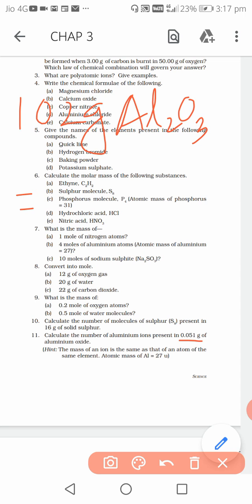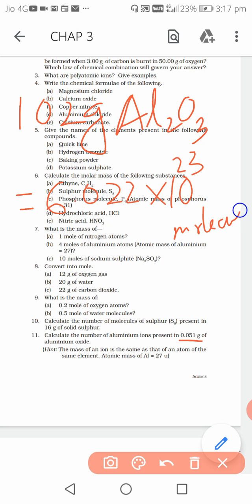But we are here to relate it with the number of atoms or ions. So the number means Avogadro's number. 1 mole, no? This much gram equal to what? 1 mole, or in other words 6.022 into 10 to the power 23 molecules. Okay, that one you write nicely.